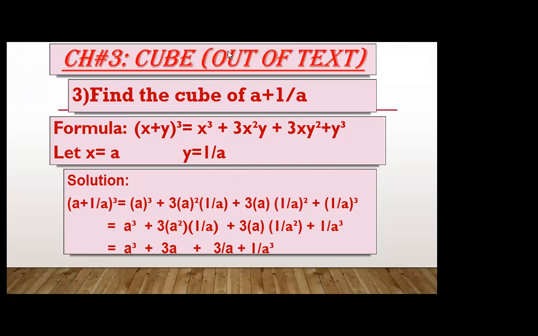But if a over a square is there, what will we get? We get a over a into a. Am I right, Sheroz? Yes, miss. So 1a and 1a will be cancelled, but there is a square written in the denominator.